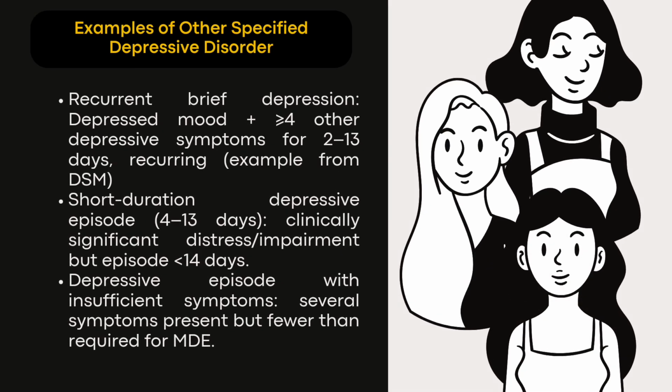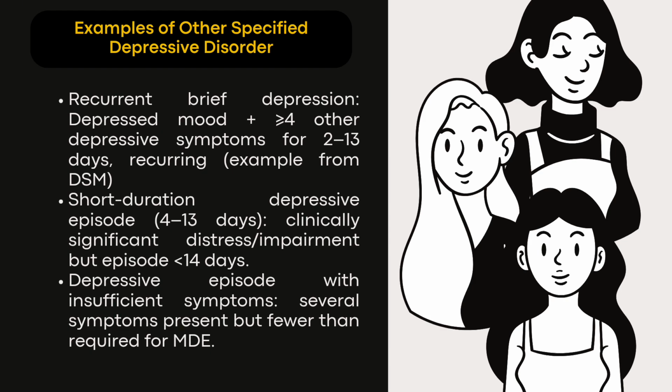So the DSM-5-TR gives examples of situations where this diagnosis can be applied. First is the recurrent brief depression, which is depressive episodes lasting 2 to 13 days, occurring repeatedly. Then the short duration depressive episode, which lasts 4 to 13 days, which is less than the 2-week minimum for major depressive disorder.